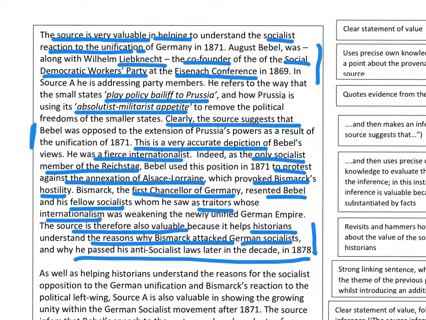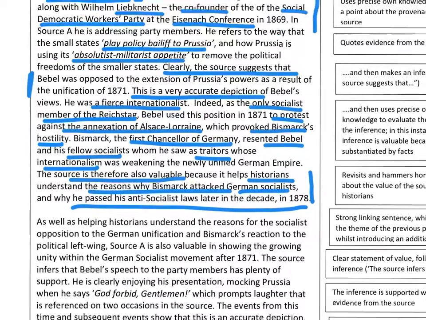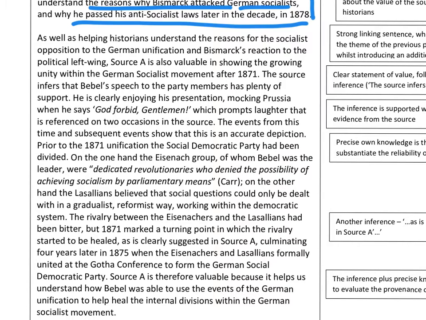So again, very good precise own knowledge there, and you're saying, look, from this source, it's helping me understand something that happened later on. Therefore, the source is of value to me. So you're applying precise own knowledge to understand later value. Let's have a look at the second paragraph, and very similar approach, the notes along the side.